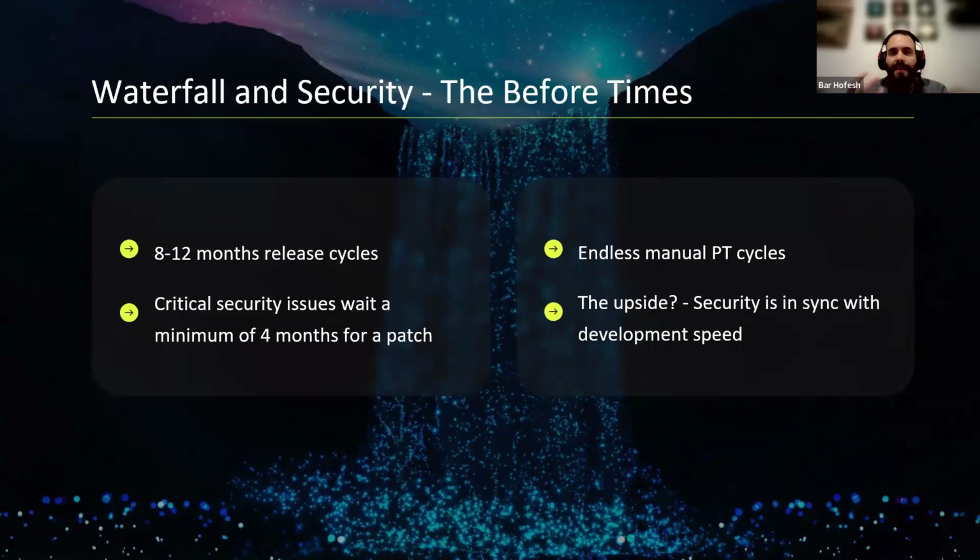It took a lot of time for each new product to come out to the market. And this is because most of those things worked with a waterfall, not a continuous release cycle, like we're used to today. So waterfall basically means releasing between every 8 to 12 months release cycles.